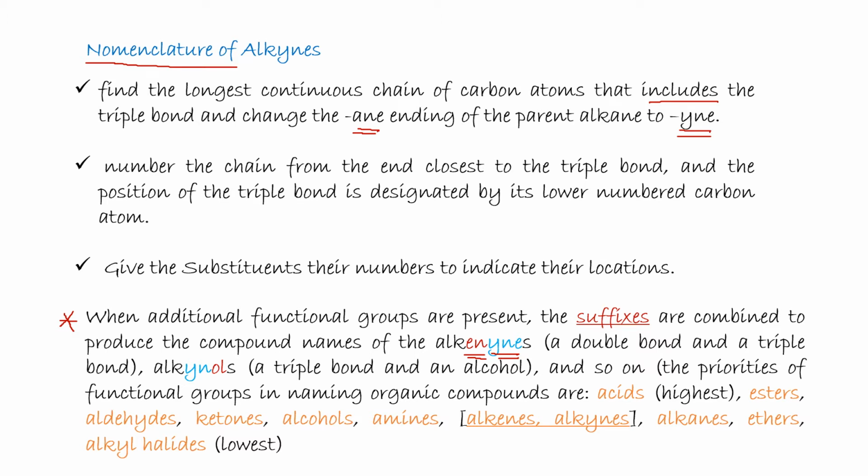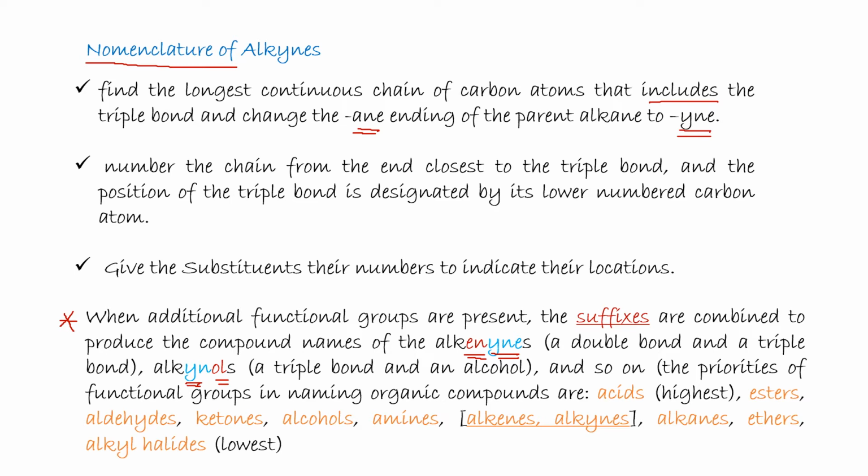A double bond and a triple bond. If you have a triple bond and an alcohol, then you write yn and then ol. Yn for the triple bond and ol for alcohol, and so on.